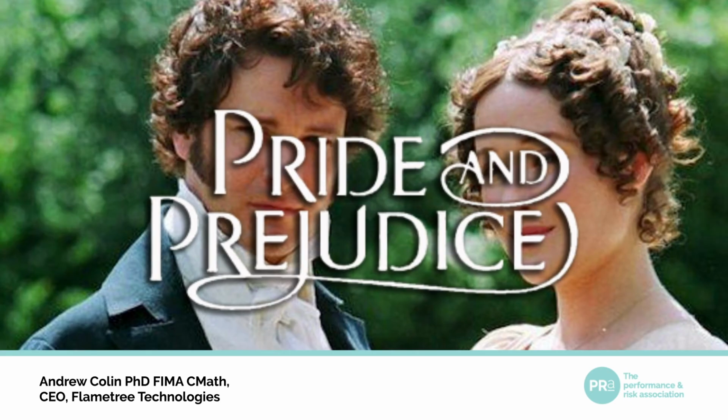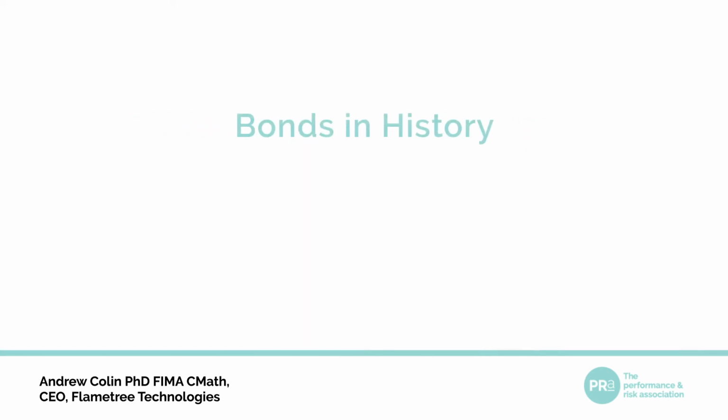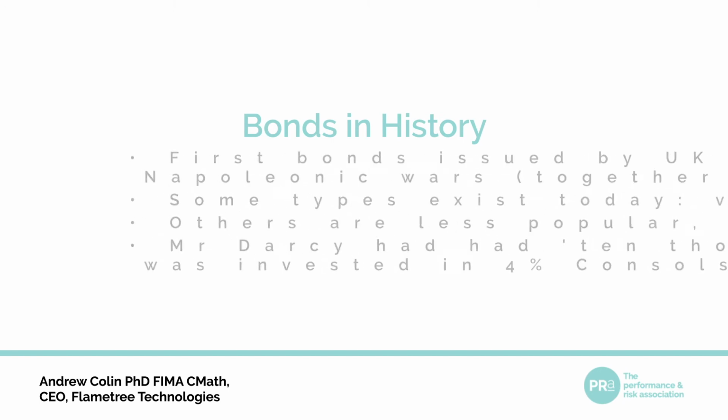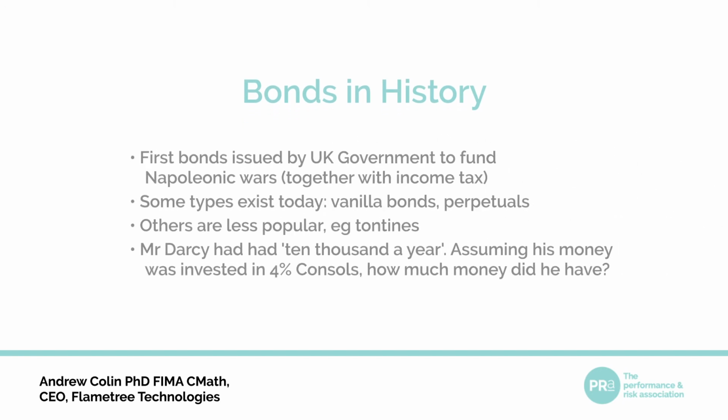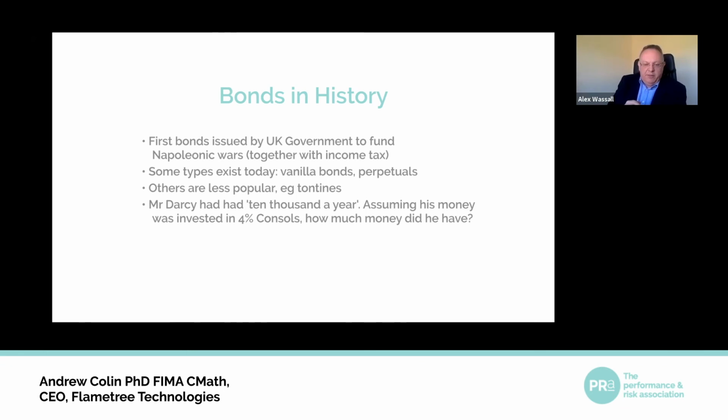And of course, if you've seen Pride and Prejudice, you'll remember Mr Darcy had his famous £10,000 a year. Now, almost certainly his money was invested in bonds that paid a 4% coupon. These bonds were called Consuls. They were issued by the British government, and they were where most rich people put all their money.